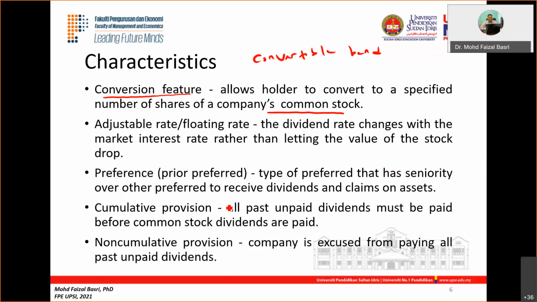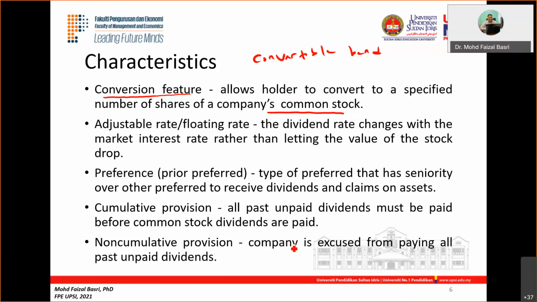And here comes the provision: cumulative versus non-cumulative. What does it mean? For cumulative provision, for any unpaid dividends, let's say last year, 2020, the company didn't perform very well and didn't pay any dividend, both for preferred and common stockholders.